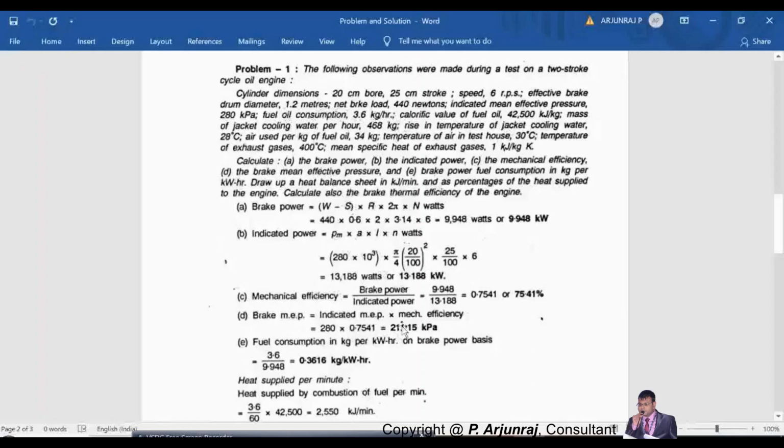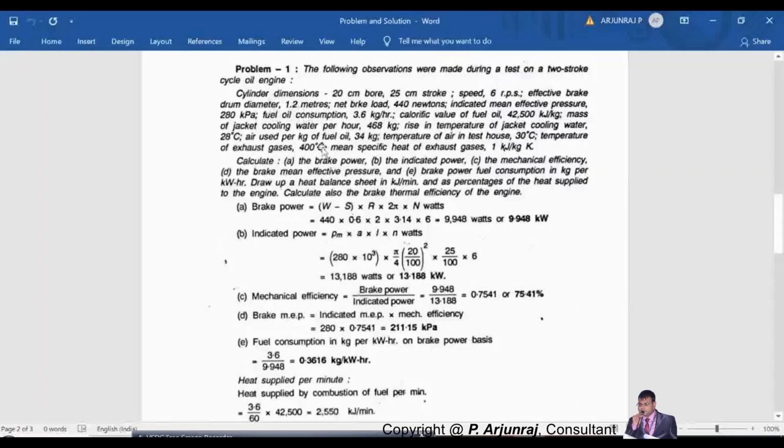R is equal to D by 2, since diameter is nothing but 2 into R. See here they have given the drum diameter as 1.2 meter, which means the radius will be R is equal to diameter by 2, and you get 0.6.